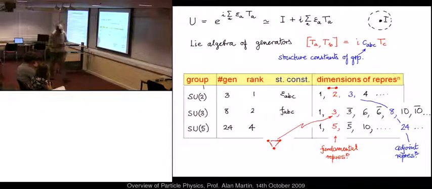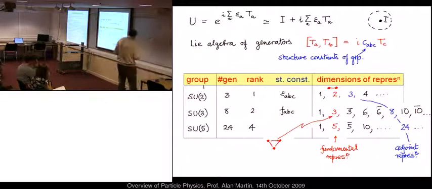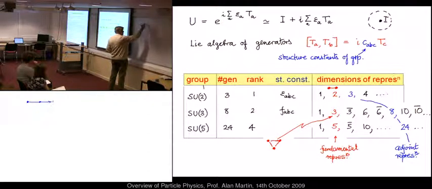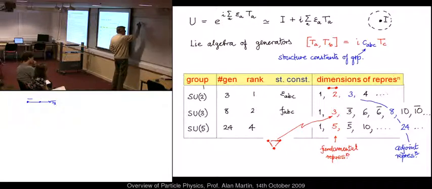Okay, let's just remember what we're doing there. If it's the angular momentum group, which is SU2, we're plotting the eigenvalues of T3 along here. The other generators are the step-up and step-down generators, which we can call T plus and T minus.